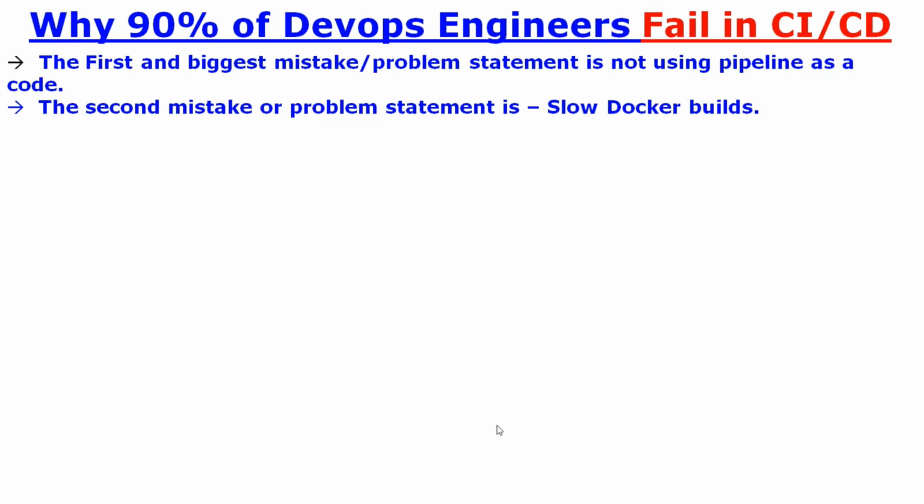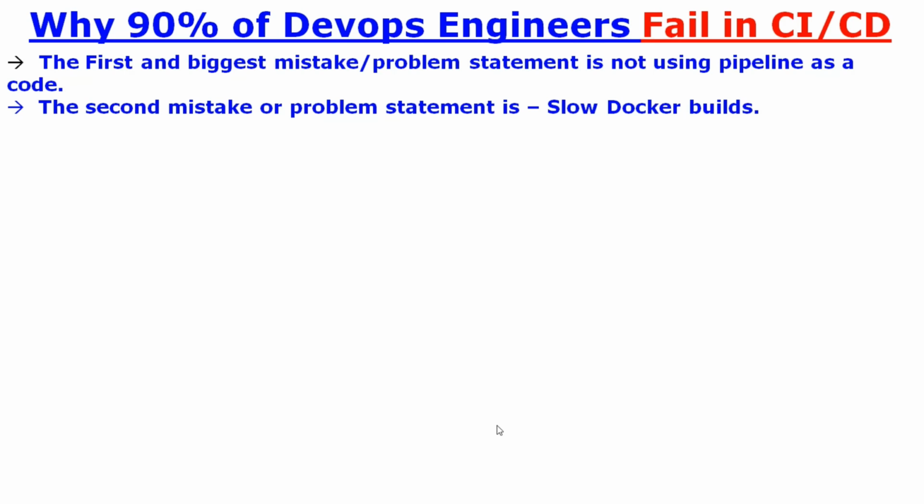For example, in your Dockerfile, build your application in one stage and copy only the final artifact to the second stage. This makes your image smaller and your builds much faster. Always keep your base image updated, because outdated images slow down security scans and deployments. So the second takeaway is to use multi-stage Docker builds.